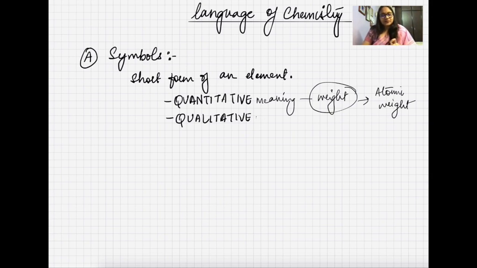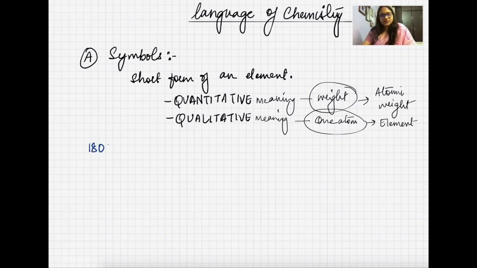The qualitative meaning suggests that the symbol represents one atom of a particular element. Is that clear? So quantitative meaning is that it represents the atomic weight of the element, and qualitative meaning is that it represents a single atom of that element.